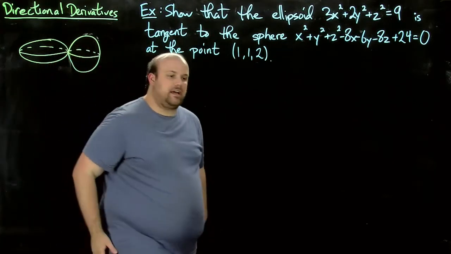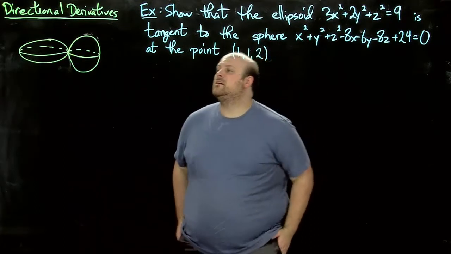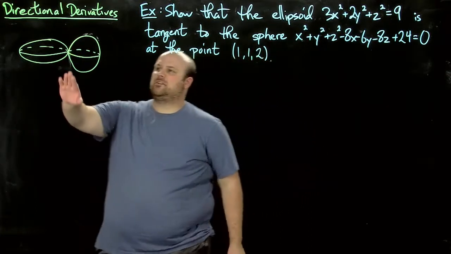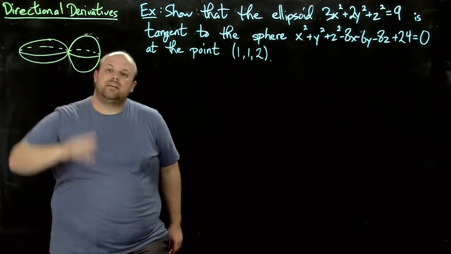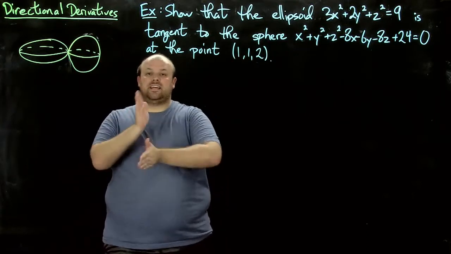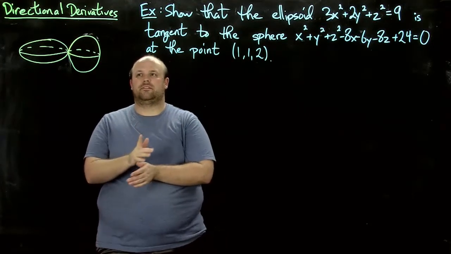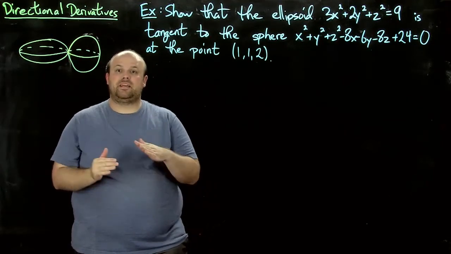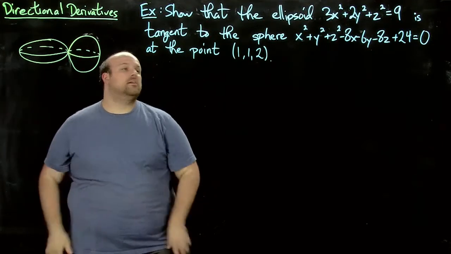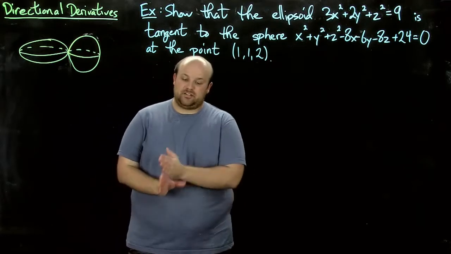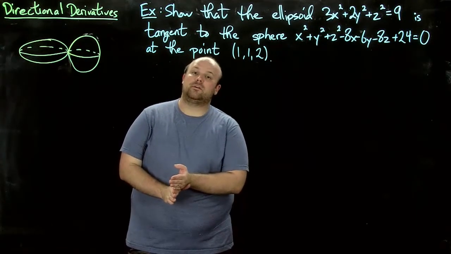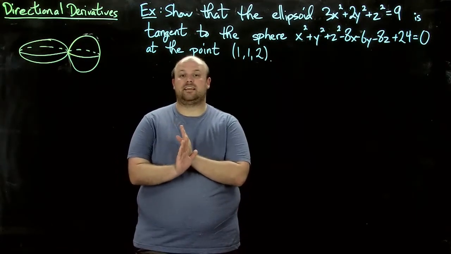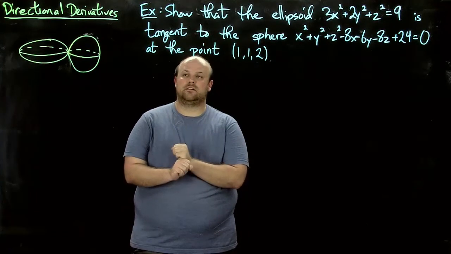So how do we show that? If you look at the way these two surfaces meet, it looks like all of their tangent directions are the same. The tangent plane at these two points is the same. That's what it would mean for them to meet tangentially. If their tangent planes are the same, how can we say that in terms of vectors?